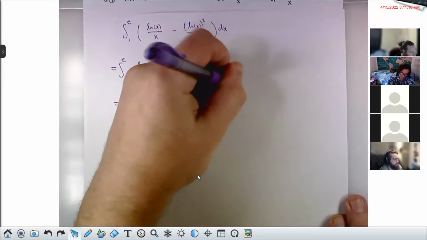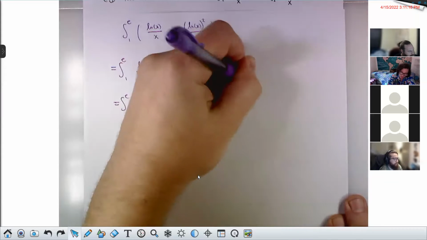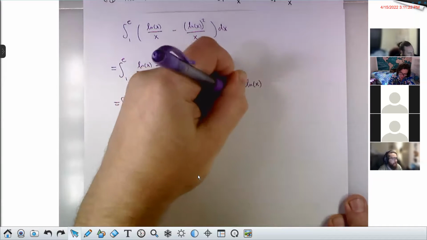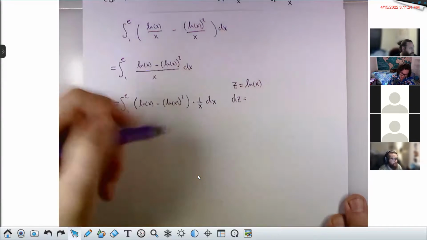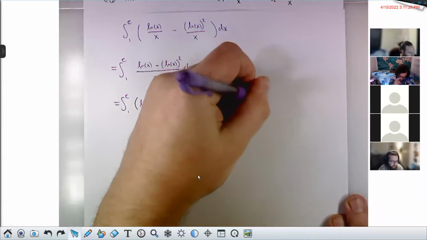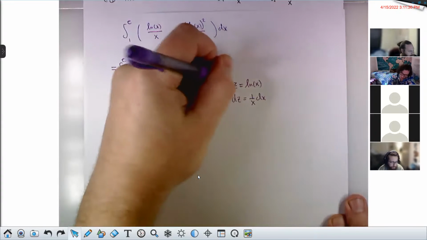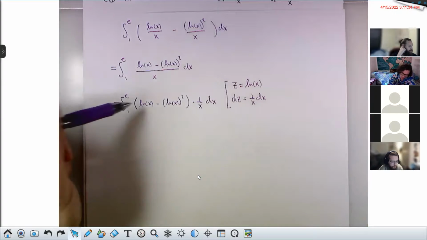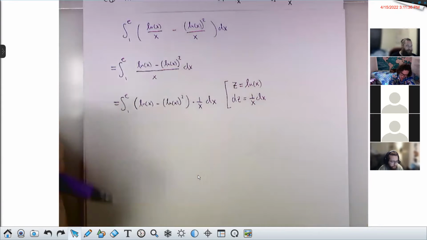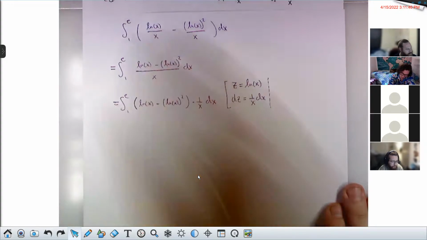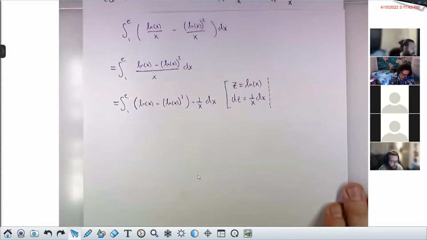So I'll make the sub z equals the natural log of x. The reason I wrote this out here is because I thought it might help us spot that, because then dz is 1 over x dx. Right, so 1 over x dx, that's our guy. And this will just become z minus z squared. Got to change those bounds. Anytime we make a substitution in a definite integral, we've got to change the bounds.